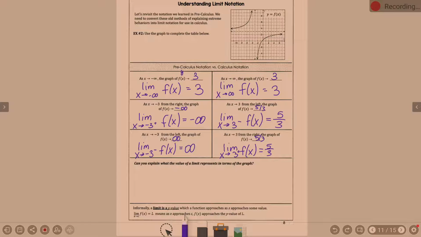So I am going to say the limit is the y value the graph is approaching, from left and right of the target's value.